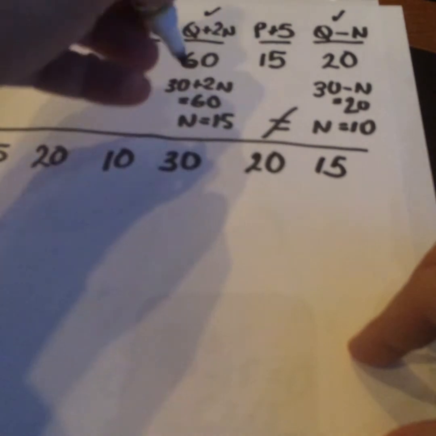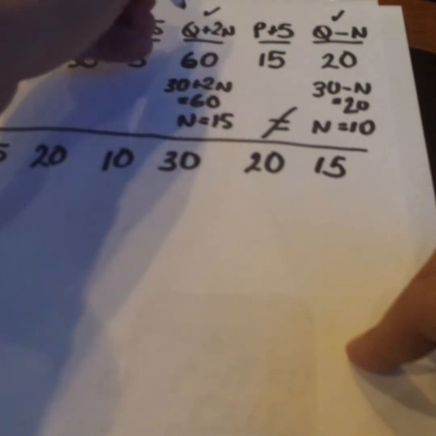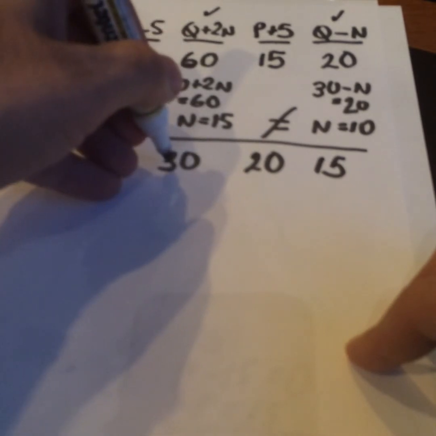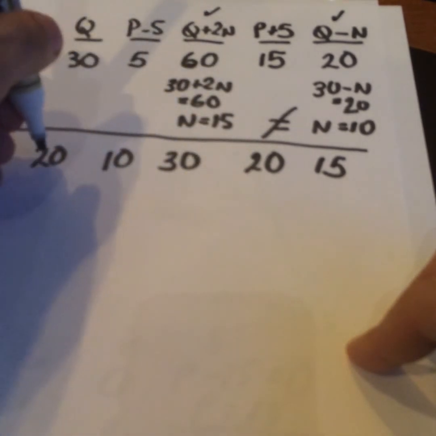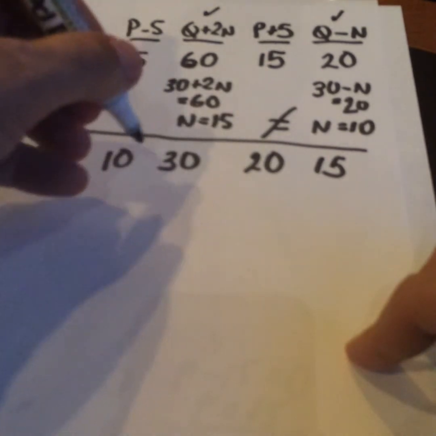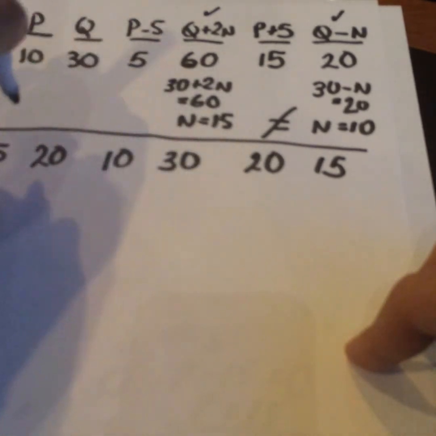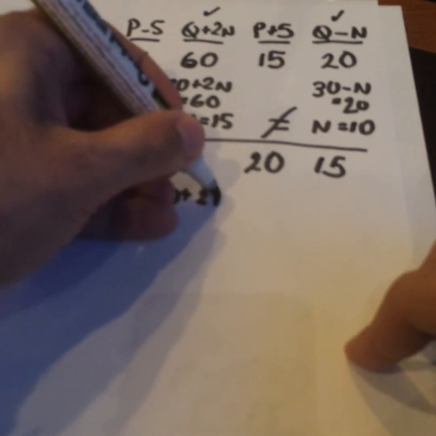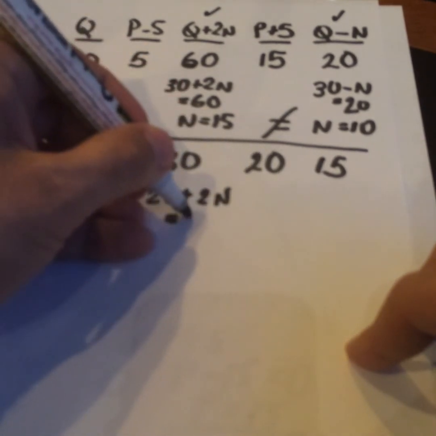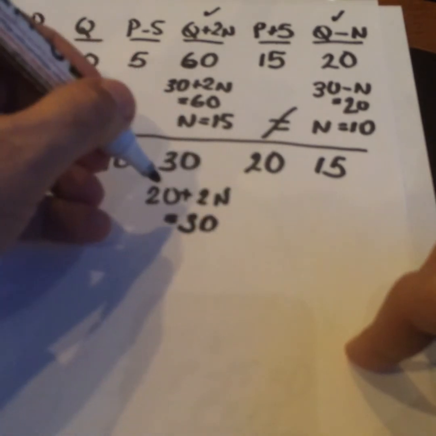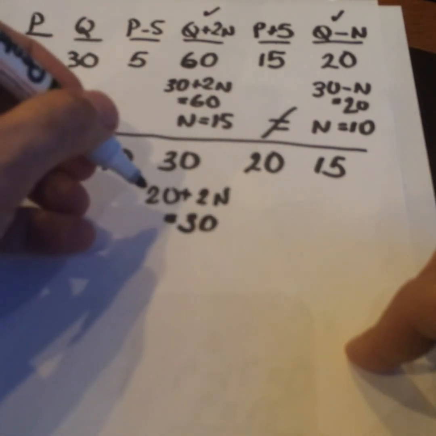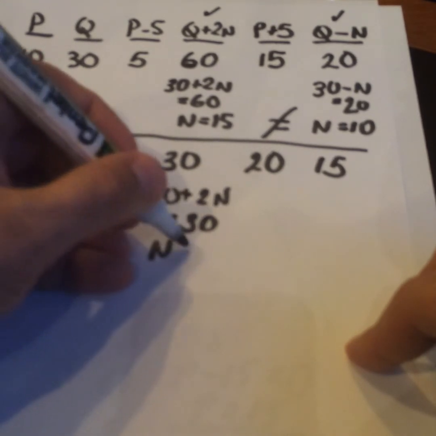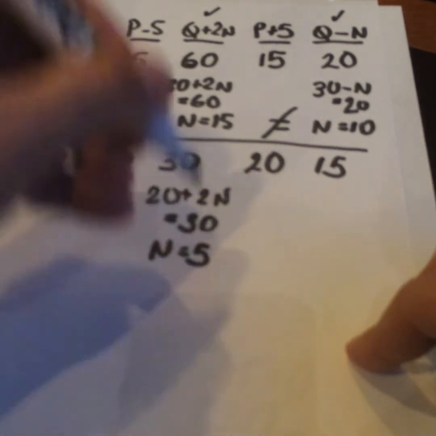Okay, so I can do the same thing now. We take this Q plus N with this 30 and quantity 20 and solve for N. So Q plus 2N, or 20 plus 2N, we hypothesize is equal to 30. That would make N equal to 5, right?